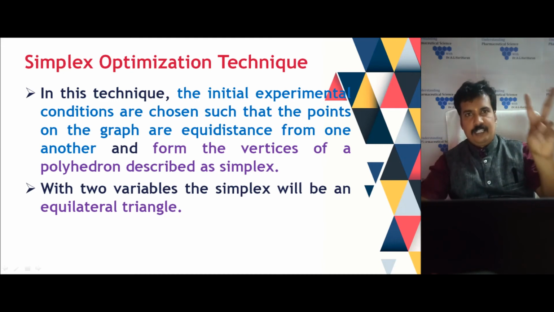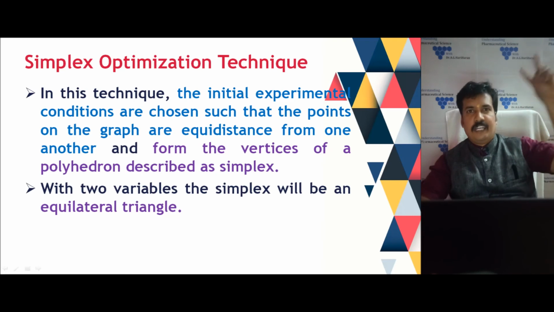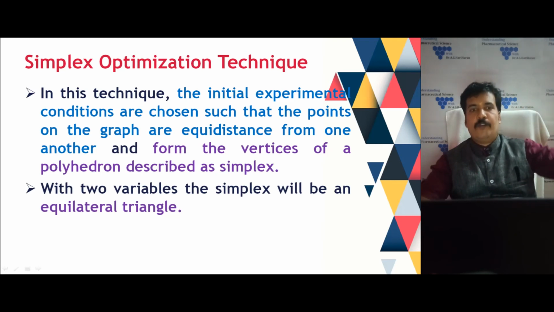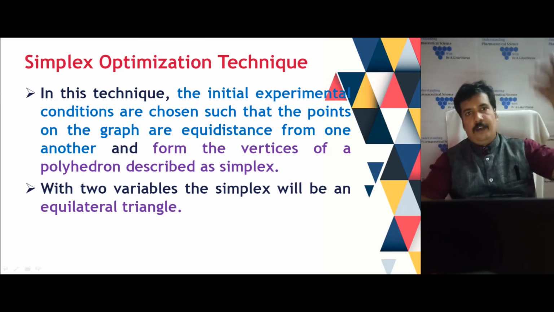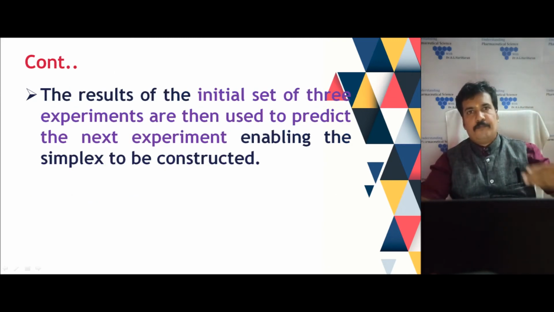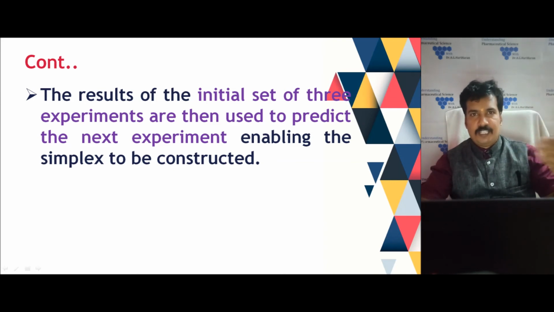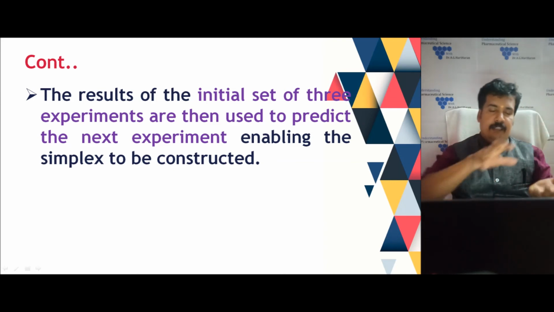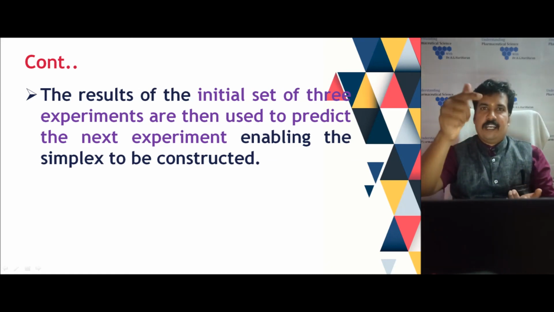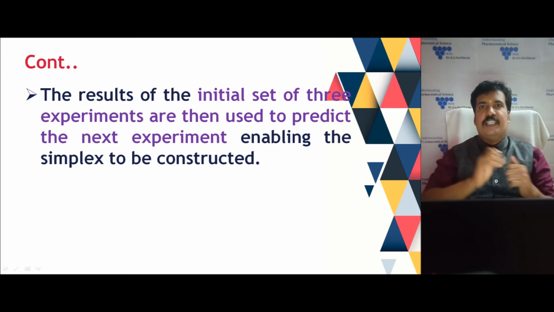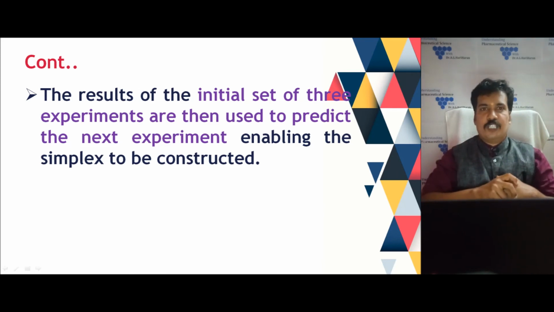Then, using the distance between these 2 points, we create another point, making an equilateral triangle. This equilateral triangle then moves on to the next set of experiments until we get an optimized level. This is the basic idea of the simplex optimization technique: it is done by forming equilateral triangles on a graph, and finally we reach an optimized concentration.